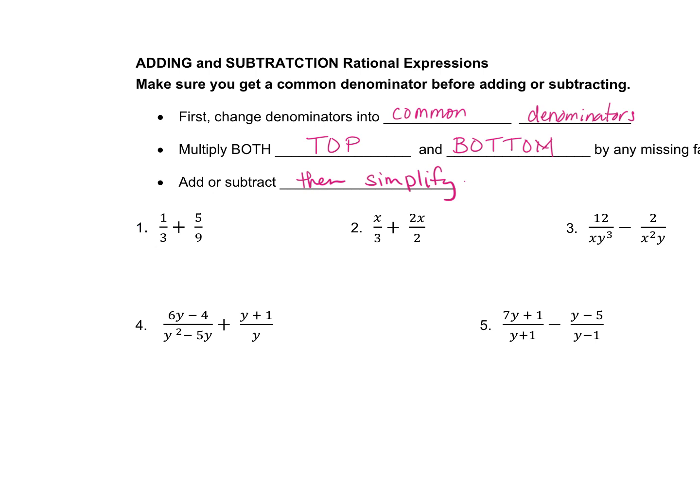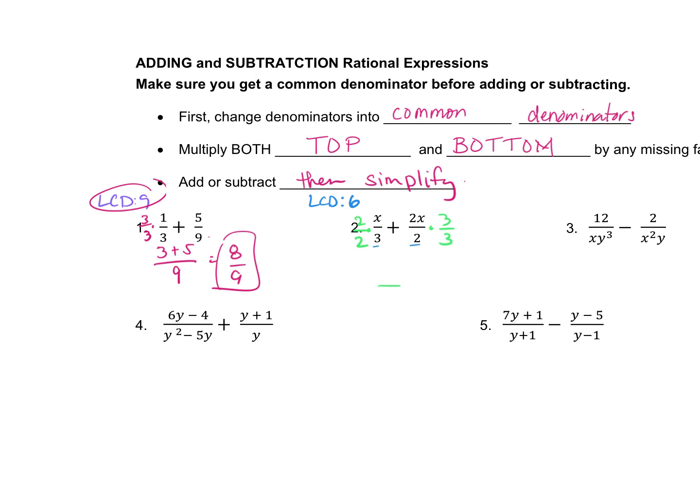Okay. Number 2. Again, 2 things I want. All right, number 2. What is the LCD? Well, the LCD between 3 and 2 is 6. So I'm going to multiply each thing by what it needs. This needs a factor of 2, the top and the bottom. And over here it needs a 3.